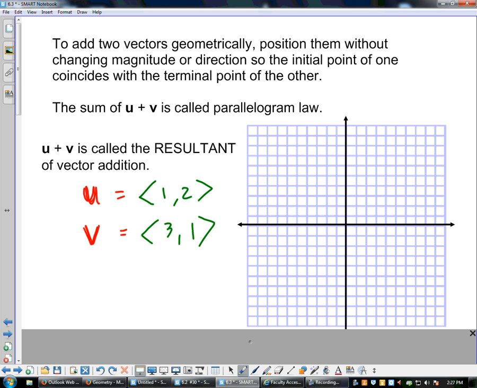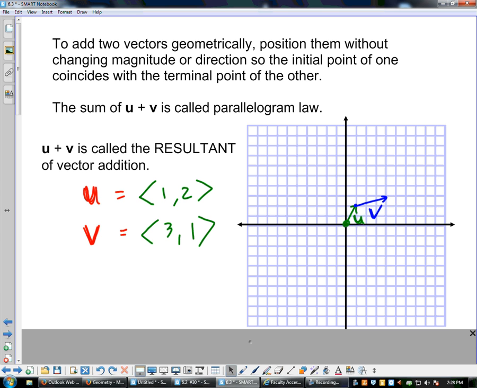If I graph vector u, which is going to 1, 2, that's this little vector right here. Vector v is 3, 1, but don't draw it there, because we want to put the initial point of v at the terminal point of u, like this.